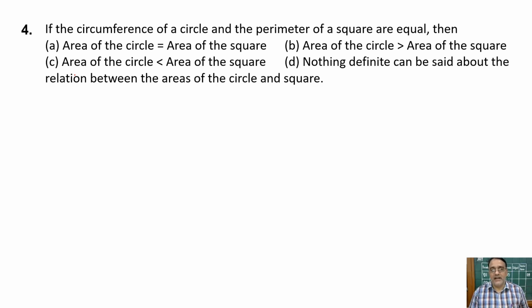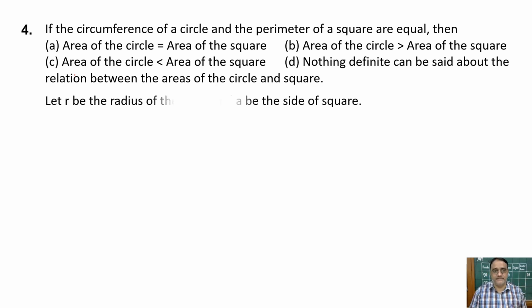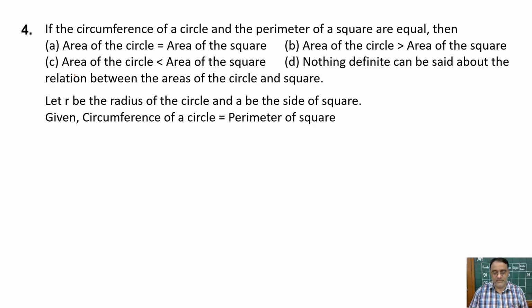And the circumference we know is 2 pi r. So the first condition given is 2 pi r is equal to 4a. Now we'll cancel 4 by 2, so we get pi r is equal to 2a. Now we'll substitute the value of pi, that is 22 by 7. This step is clear?